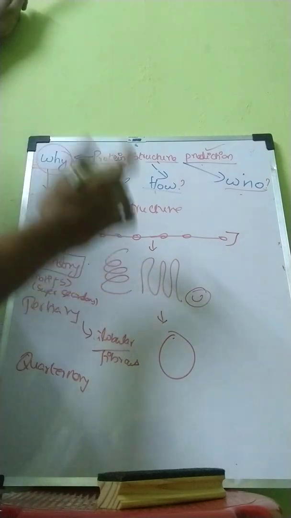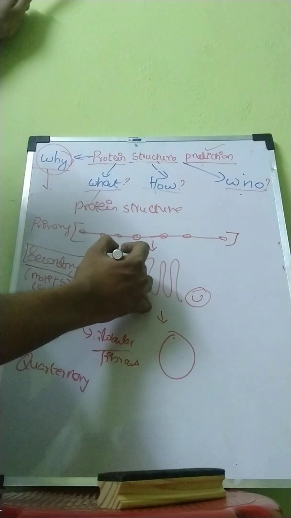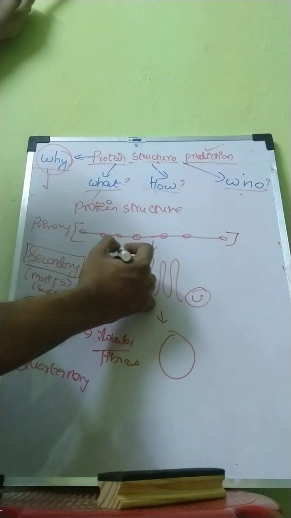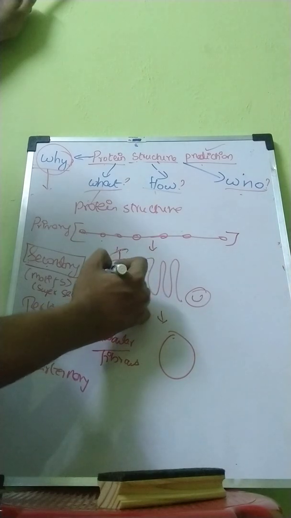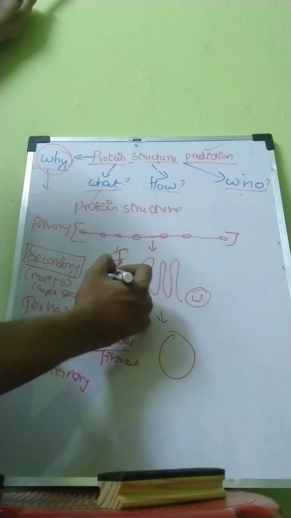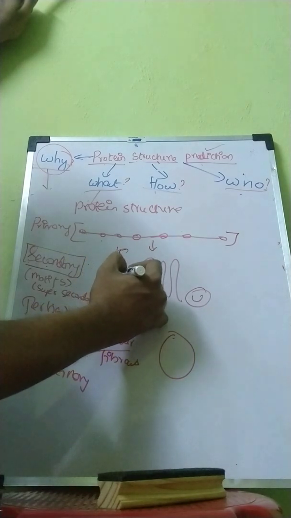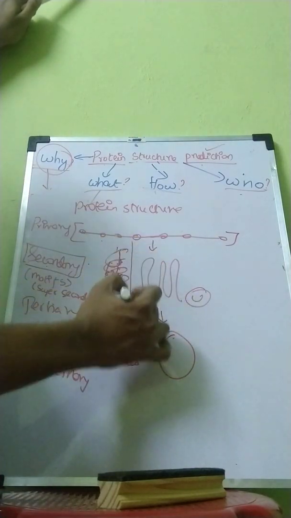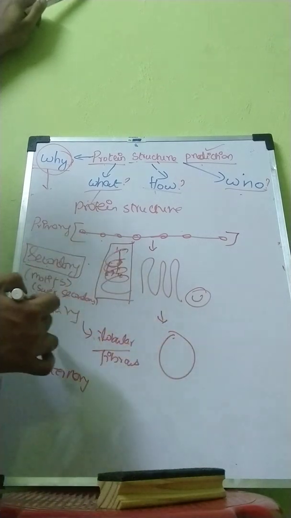If four amino acids interact among themselves and create a bond, it forms a helical structure. First four amino acids, then the next four, and the next four. Likewise, it will go on until one particular distance.